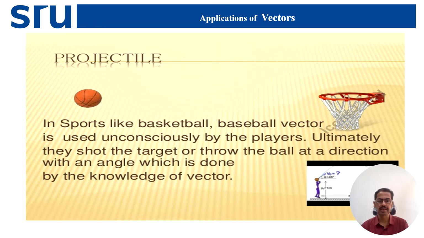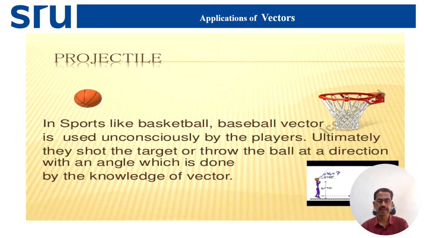Ultimately, they hit the target or throw the ball in a direction, with an angle, which is done by the knowledge of vectors. In which angle, at what speed, and in which direction. By practice, the sportsperson becomes perfect. Unknowingly, he uses vectors to reach the target. This is about projectile.